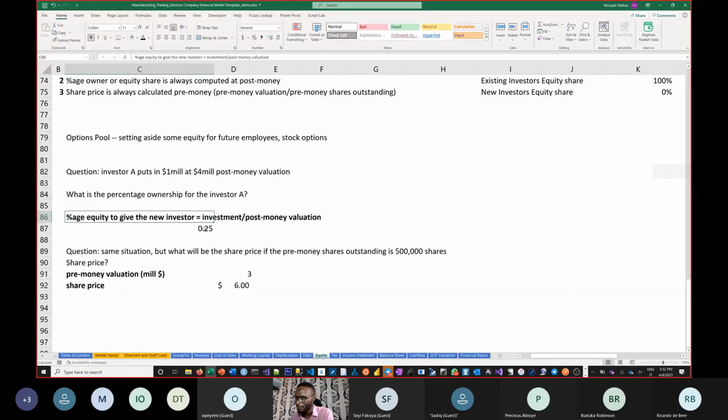The share price is always calculated as pre-money value divided by pre-money shares outstanding. The percentage that will go to the new equity is always the new investment divided by the post-money. And the pre-money is always the post-money minus the new investment. So those are all the things that go into it.